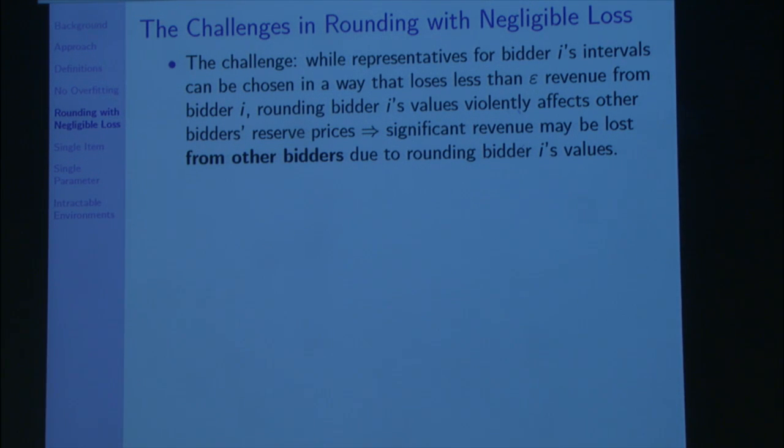The problem is that by doing that, you affect the reserve price that I induce on other bidders, and that could be completely chaotic, in a sense that by rounding my bid down even a little bit, you may be lowering the reserve price that I induce over Avishai and Mark by a lot, really a lot.